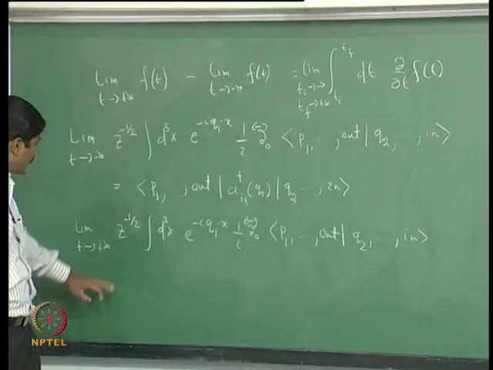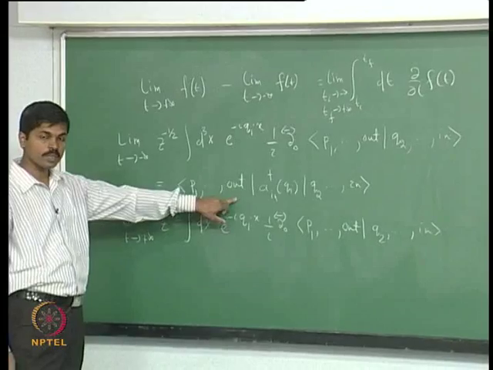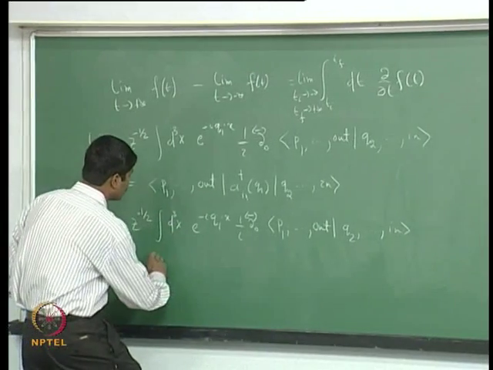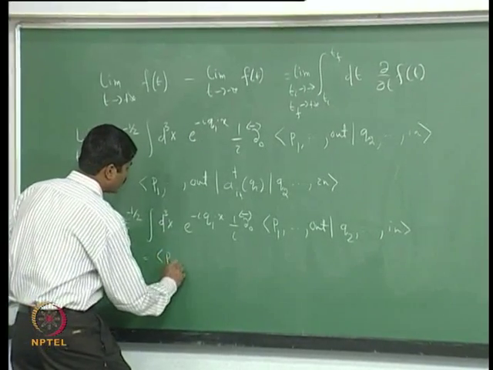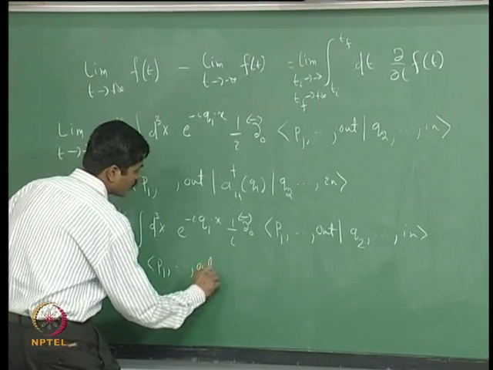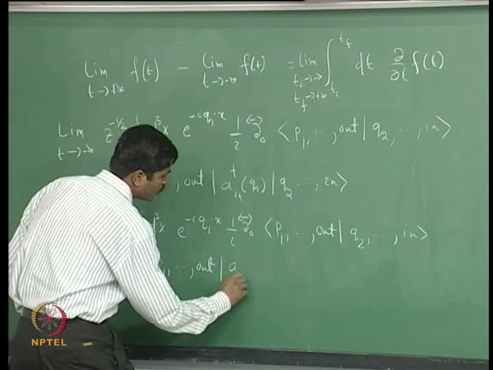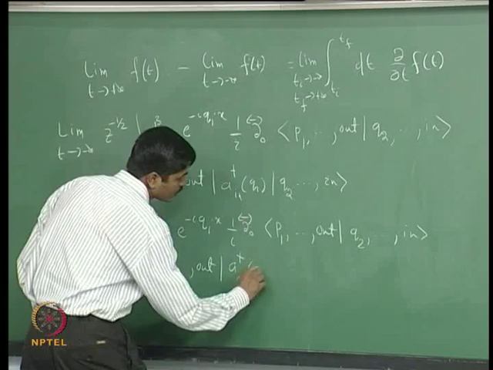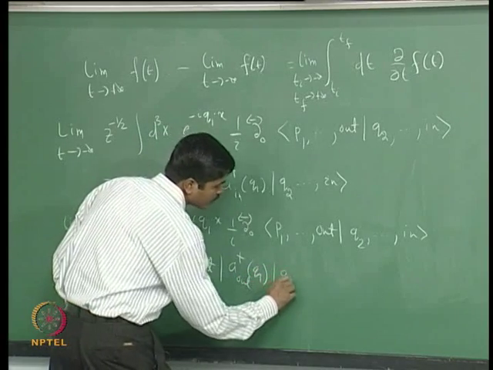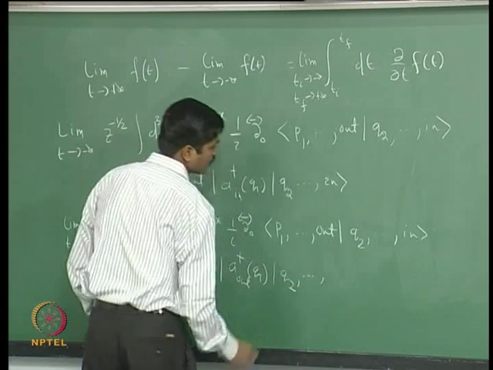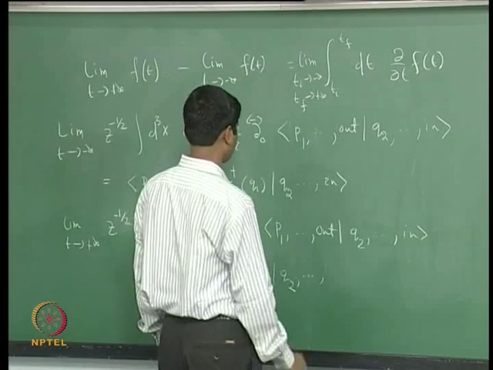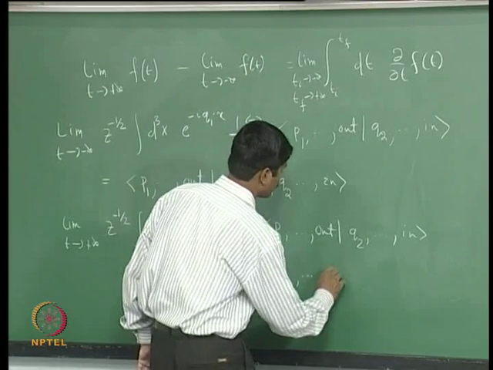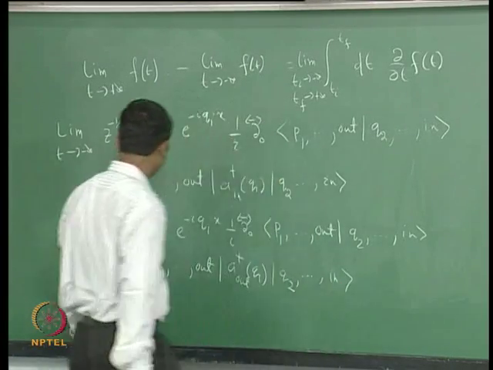So, when I take the limit t goes to plus infinity, what I have here is p1 out, a out dagger q1, q2 up to qm in.